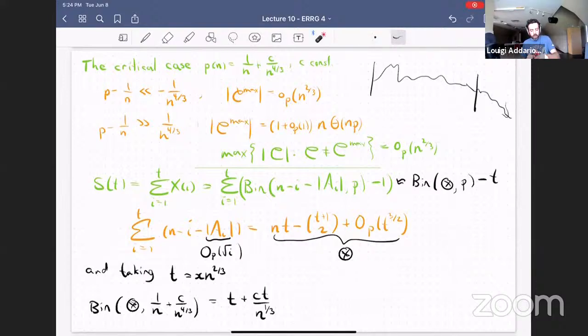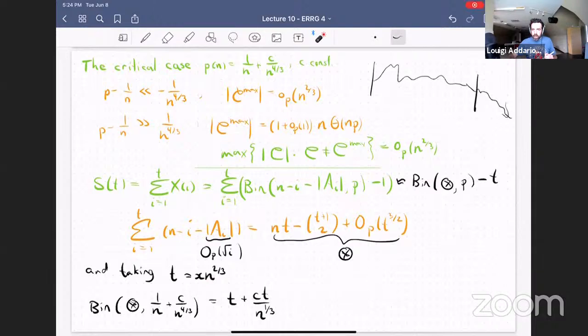In particular, if you go on for much longer than time n to the 2/3, you're only going to see components of size little o of n to the 2/3. So to understand the largest components, it boils down to understanding what happens for the first order n to the 2/3 time, and that's what I want to focus on now.